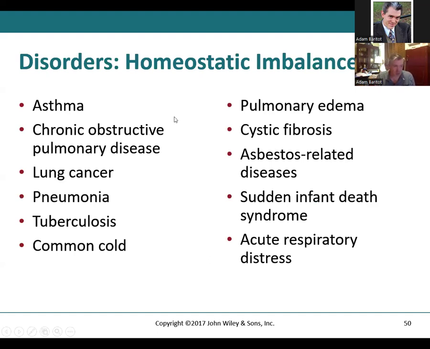Lots of homeostatic imbalances of our lungs, as listed here. I will go through these relatively quickly and efficiently. Asthma is a situation where the respiratory organs, specifically the trachea and the larynx, are potentially very sensitive.